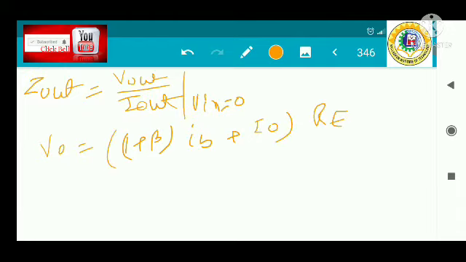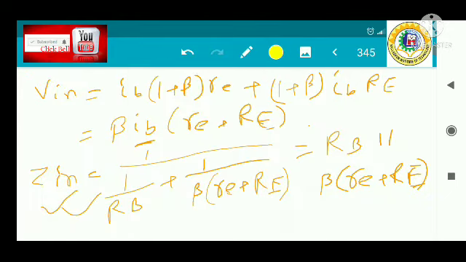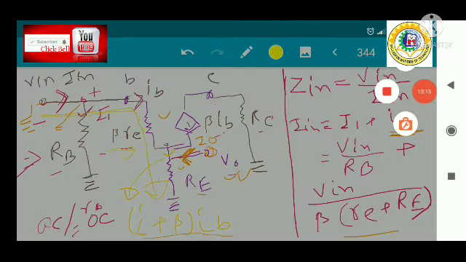Okay, now if we make a KVL from this input, then you will get the value of this output voltage. We have to calculate the output voltage.